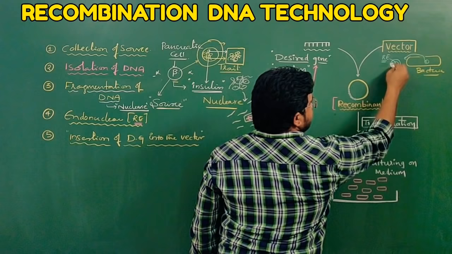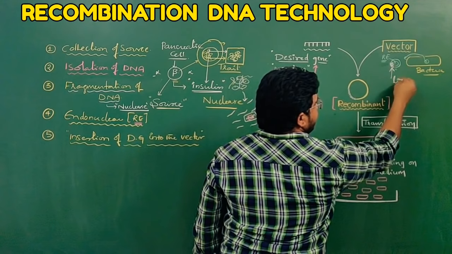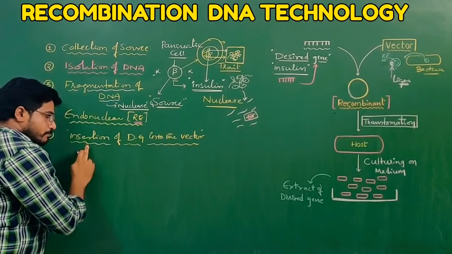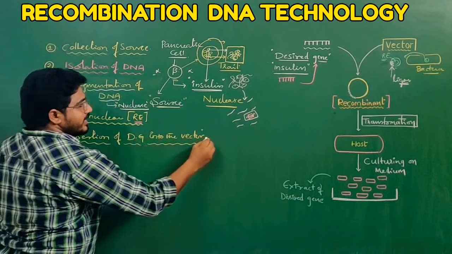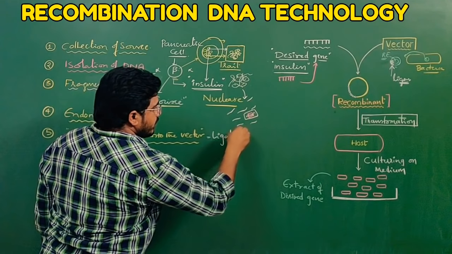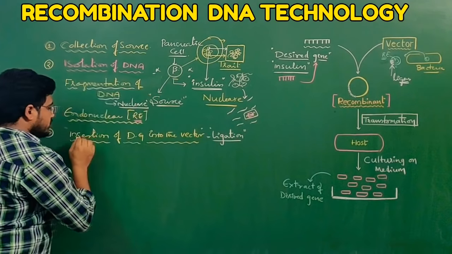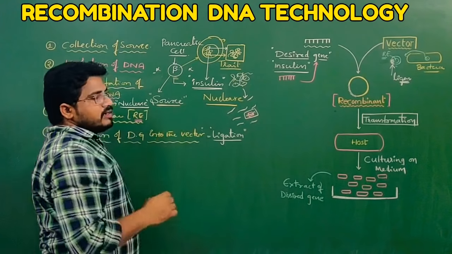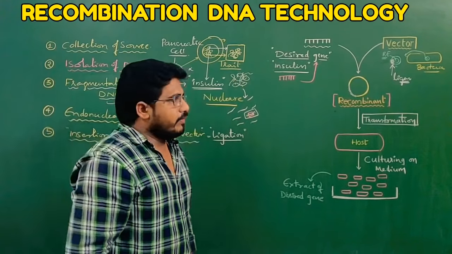For insertion, what is required here, tell me? Ligase. So that's why this process is also called ligation. Ligation is a step in which insertion of the desired gene into the vector takes place. Fine.